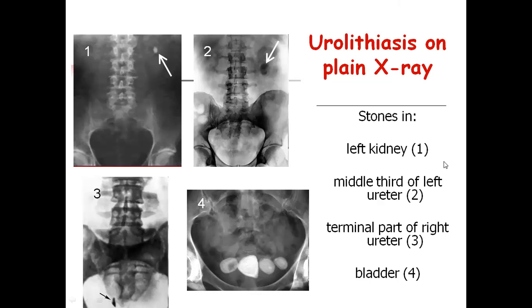And here X-ray films present stones in the left kidney, in the middle of the left ureter, in the terminal part of the right ureter, and in the urinary bladder.